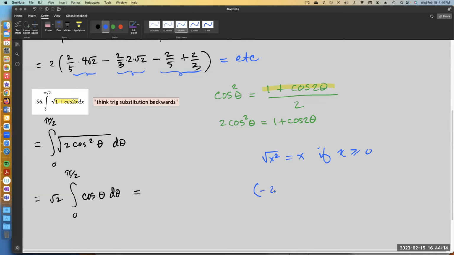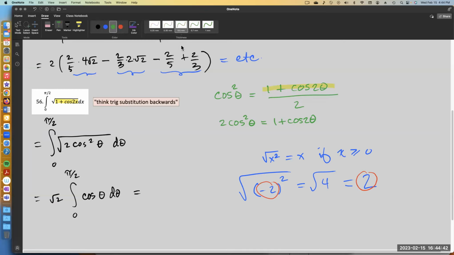Let's suppose you have -2 and you plug it inside this square root. Well, we know that's the square root of 4, and this square root symbol means the positive square root. So these numbers are not equal, they are different. The square root of x squared is only x sometimes. Sometimes it's equal to -x.